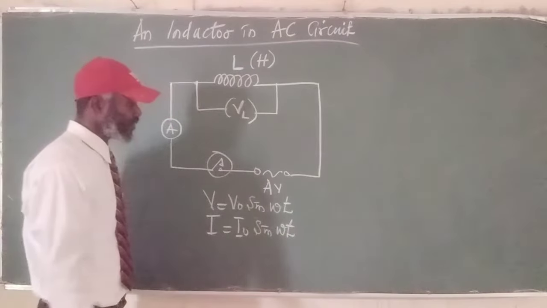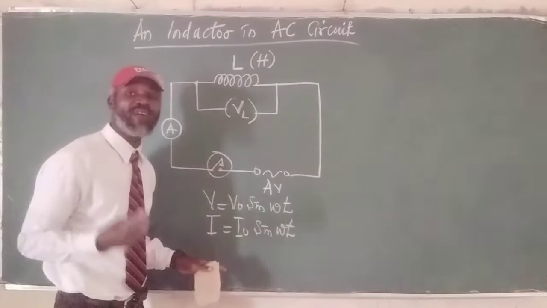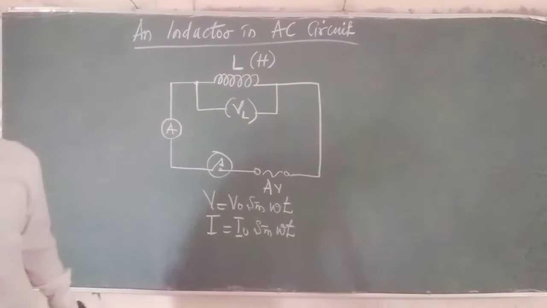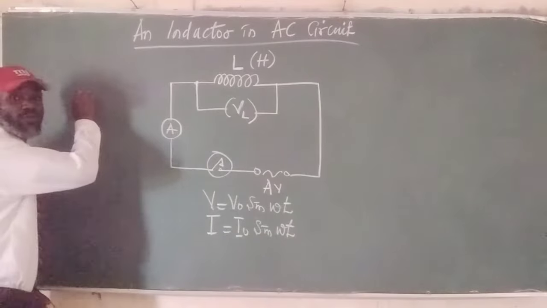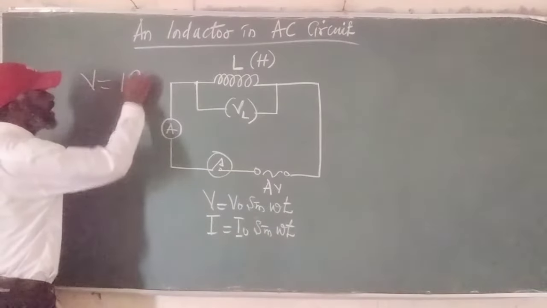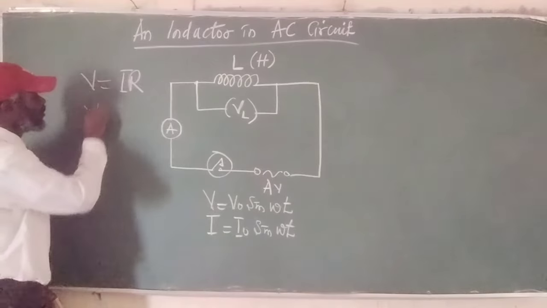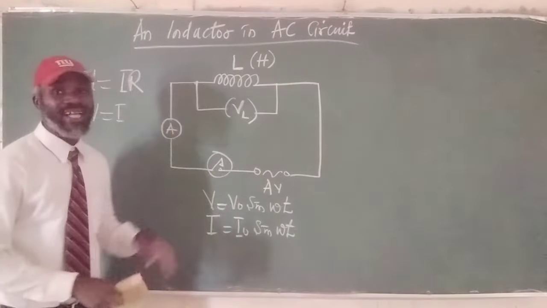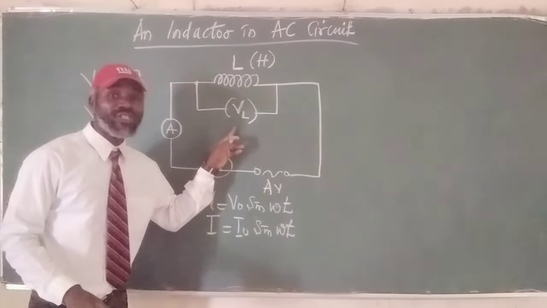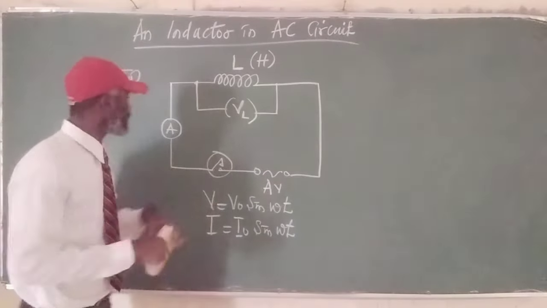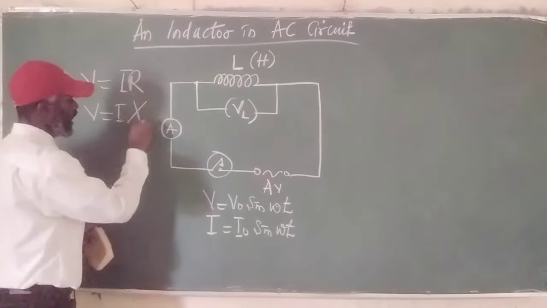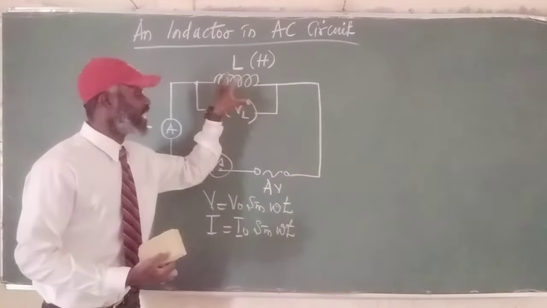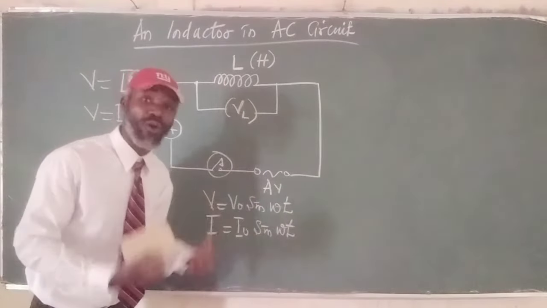Now we have to apply Ohm's law. We state Ohm's law as V equal to I R, but in place of R, we now look at the inductive reactance, XL. The inductive reactance, XL, arises because of the opposition that the inductor offers to the flow of current.